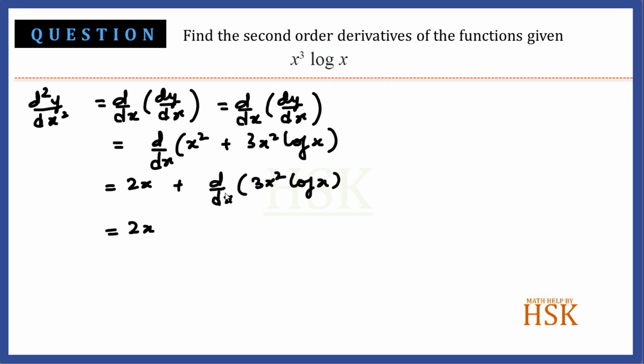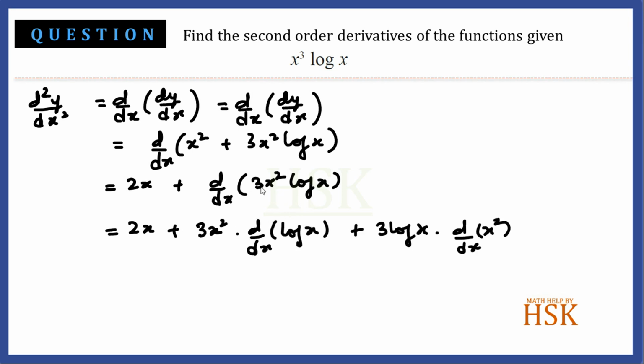This 2x as it is, again it is in the form of product of two functions. So to differentiate 3x square log x, I am going to apply the product rule, and this would be equal to 3x square, that is first function, into differentiation of second function, that is 3x square into d by dx of log x. 3 was a constant, so it is written outside.